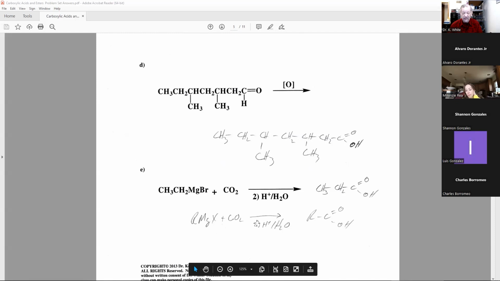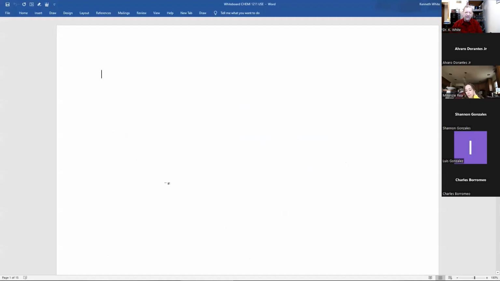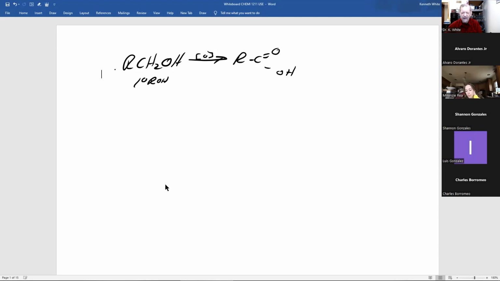Now, when I look at this, I realize, uh-oh, I forgot something. And that once in a while happens. And what's that something? This reaction. Under the right conditions, when you oxidize a primary alcohol, you'll get a carboxylic acid.